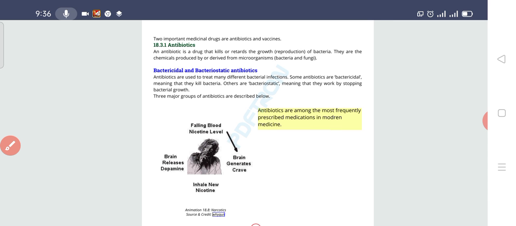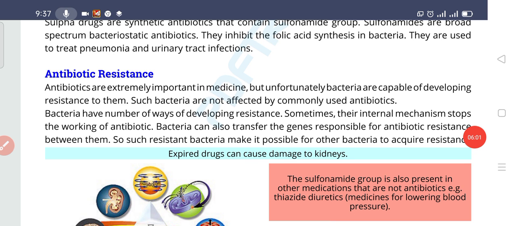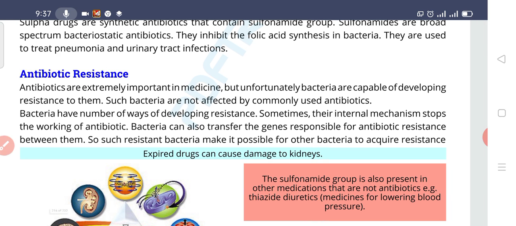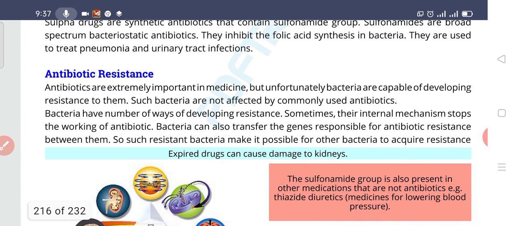Okay. Now, it is not only that antibiotics kill the bacteria, but bacteria are also getting resistance to the antibiotic. Resistance means that the antibiotic is no longer able to work against the bacteria's growth.